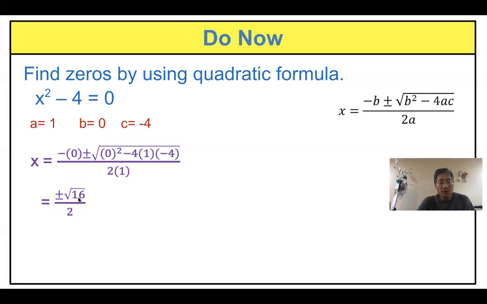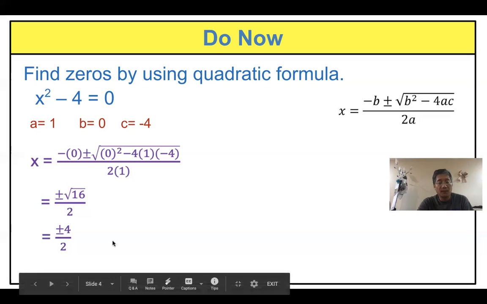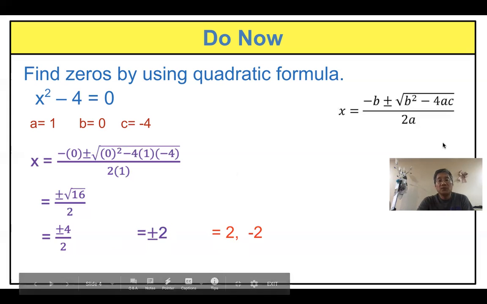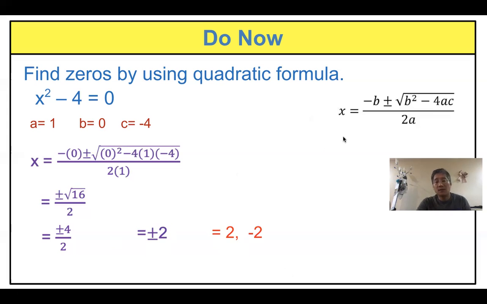Because square and square root cancel, 4 will be left. And then 4 and 2 cancel, leaving 2. So you have two solutions, 2 and -2. Does everybody understand? If you know how to use the quadratic formula, today's lesson is almost over.